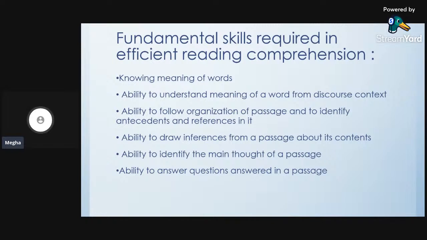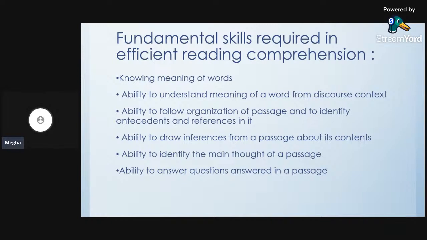When you know the meaning of a particular word, in a whole sentence it might change the meaning of the sentence itself. So you have to understand from the context in which the writer has written the whole paragraph. That skill you have to possess.